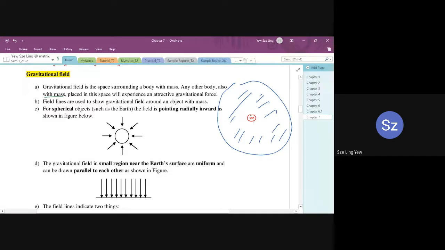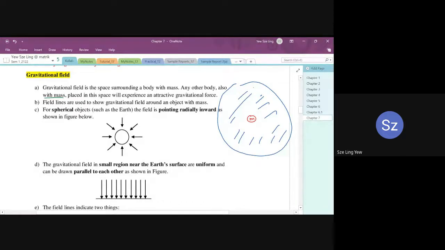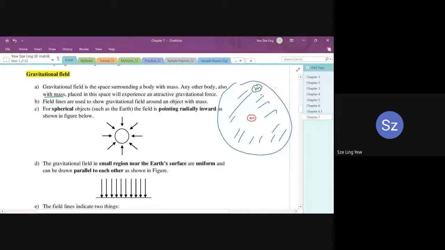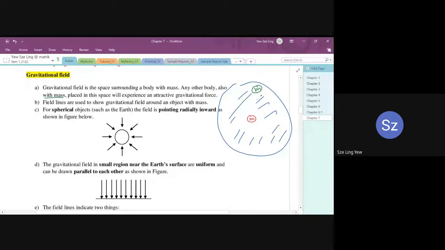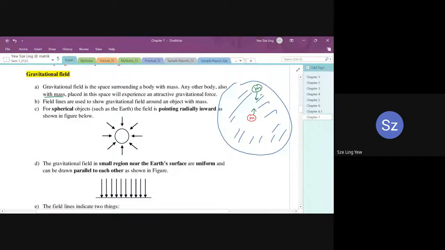So now let's say your object M, this red mass, has a field which is in blue. And now you place another mass, this green mass, inside this field. Then at that moment, these two objects will experience an attractive force between them.